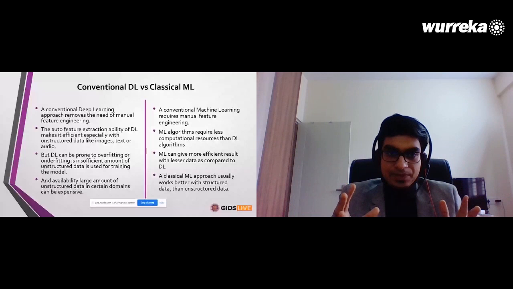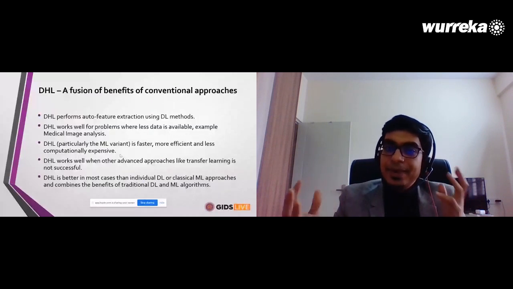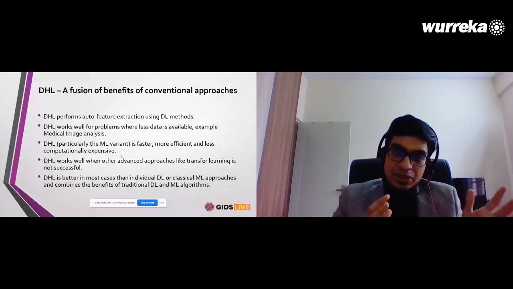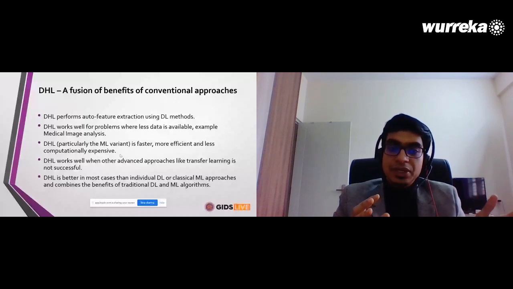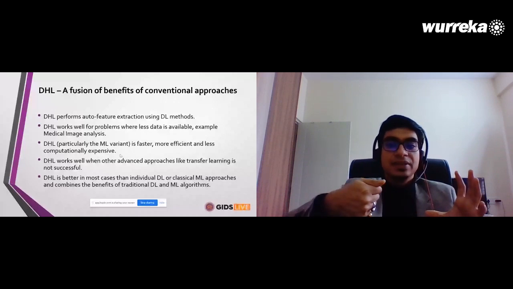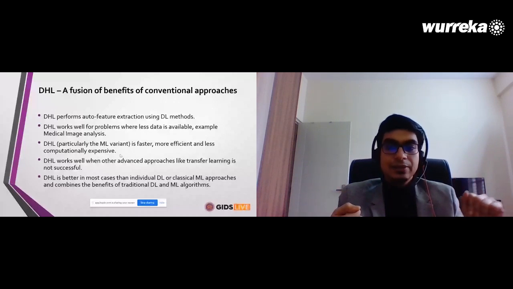Deep hybrid learning is a fusion method, as I said, which combines the benefits of both conventional approaches. It still has the automatic feature extraction capability of conventional deep learning, because in most cases it uses something like a convolutional neural network or a recurrent neural network to extract the main features from the unstructured data.